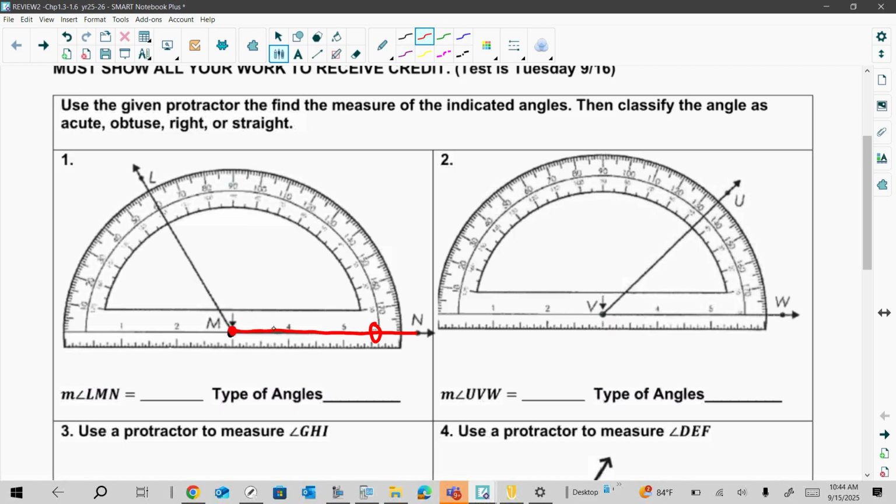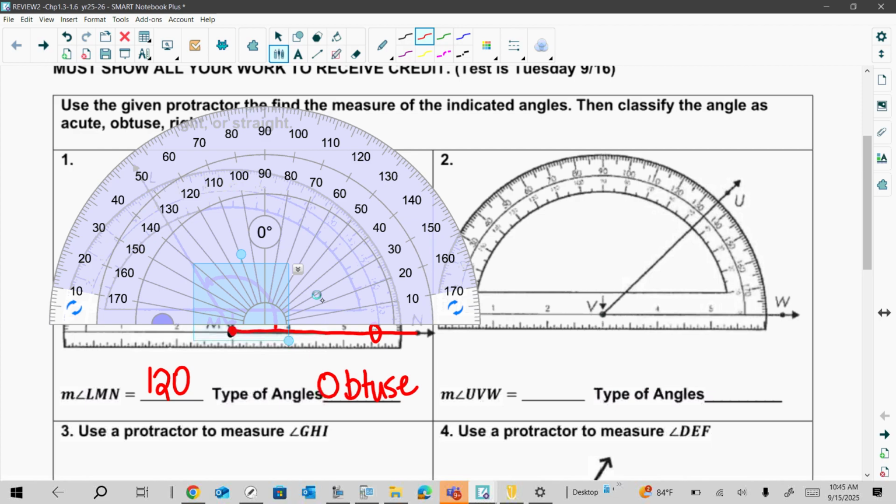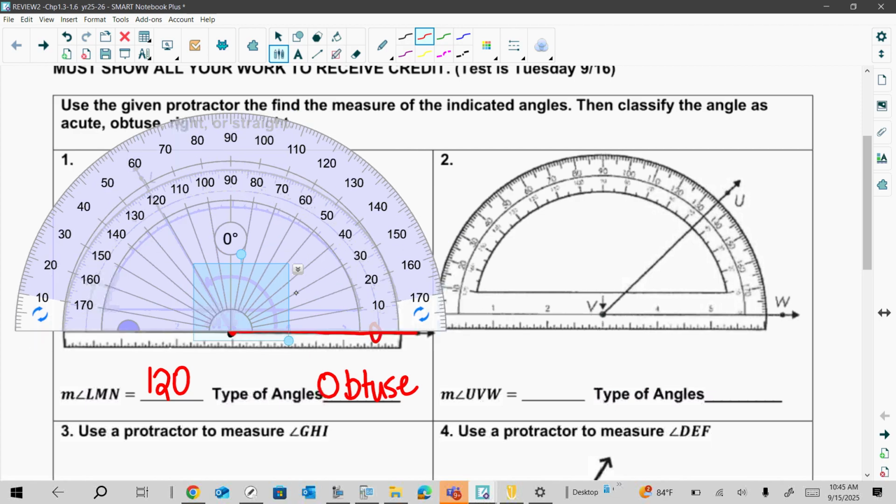But I can tell that this angle is obtuse. So the measure from this ray to this ray, I believe it's what, 120? Yes, ma'am. And this is an obtuse angle. I know it might be hard for you to read, so if you need to get the protractor and put it on top, overlay it, to read it, you can.